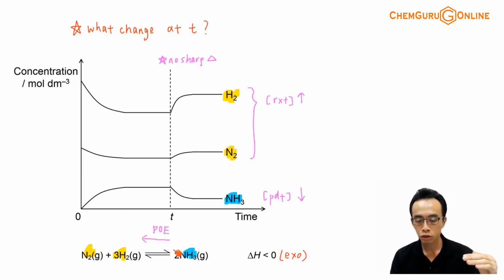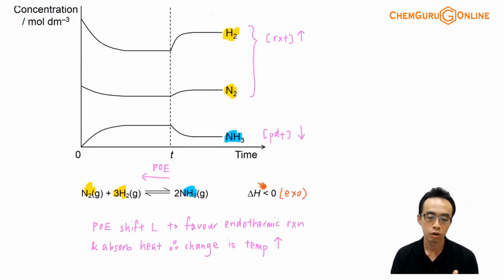POE actually shifts left, favors the reverse reaction. And since I know that this change in POSE is a change in temperature, I can focus on the enthalpy change of the reaction. The forward reaction is exothermic, so the reverse reaction is endothermic.